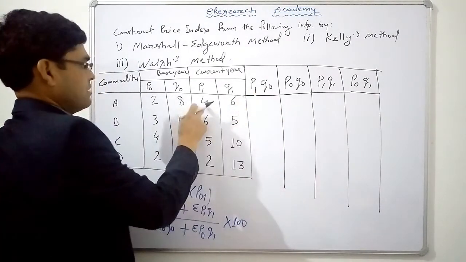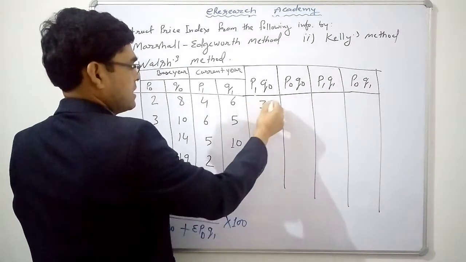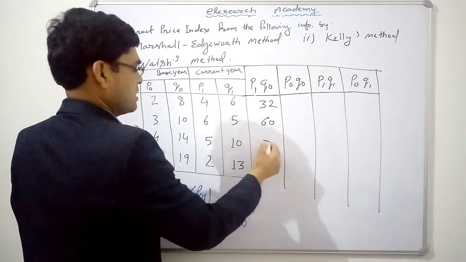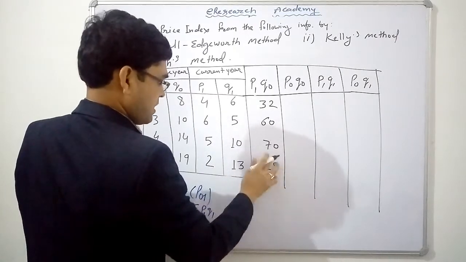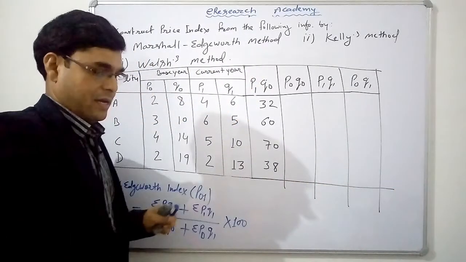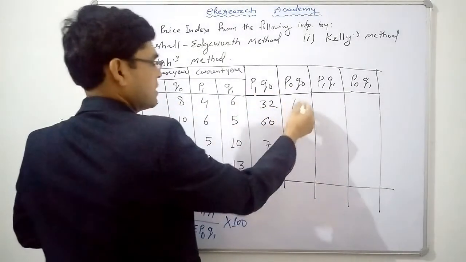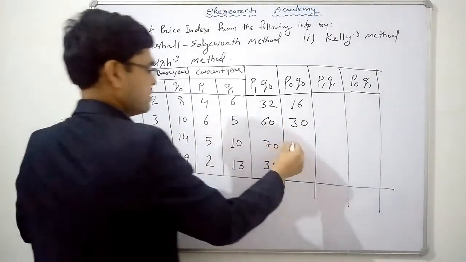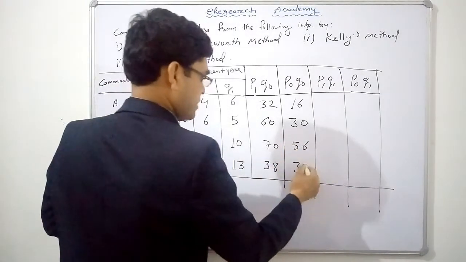Now P1 Q0: this into this. 4 into 8, 32, 6 into 10, 60, 5 into 14, 70, 9 into 2, 38. Next P0 Q0: 2 into 8, 16, 3 into 10, 30, 4 into 14, 56, 2 into 19, 38.